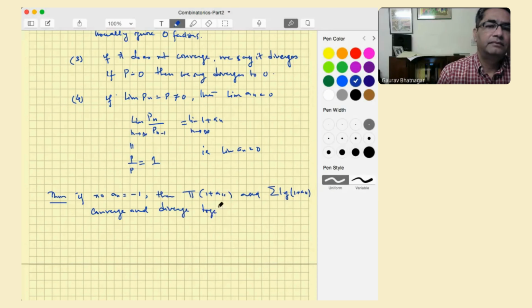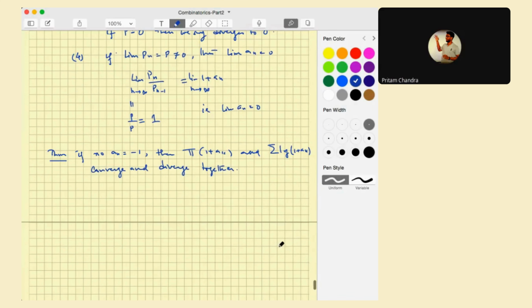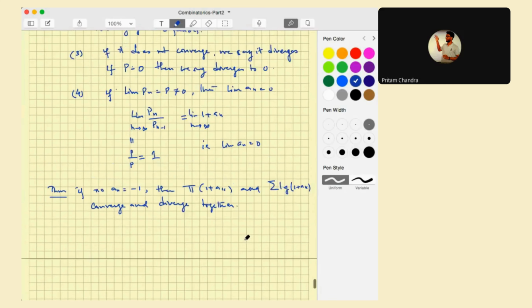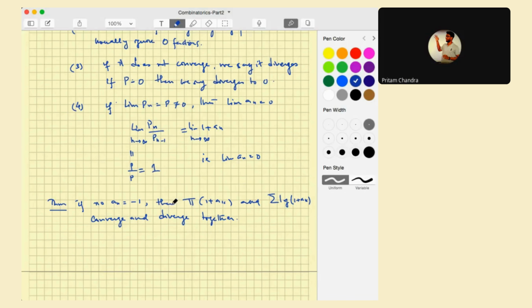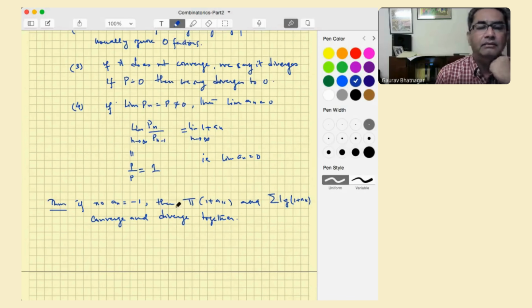Professor, I didn't get why the limit of Pn by Pn minus 1 has to be 1. Well, the limit of Pn is P. What is the limit of Pn minus 1? Okay, okay, P again. So same, right?